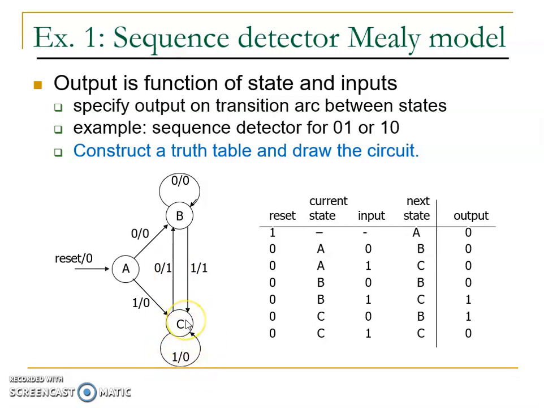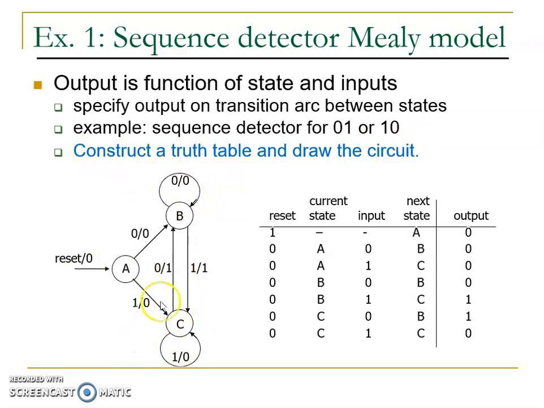For 1 and then another 1, the output will be 0, because this design will give output 1 only if we detect 0, 1 or 1, 0. So 1 and 1 does not detect 0, 1 or 1, 0, therefore the output will be 0. So this is the correct design for this sequence detector for 01 and 10.